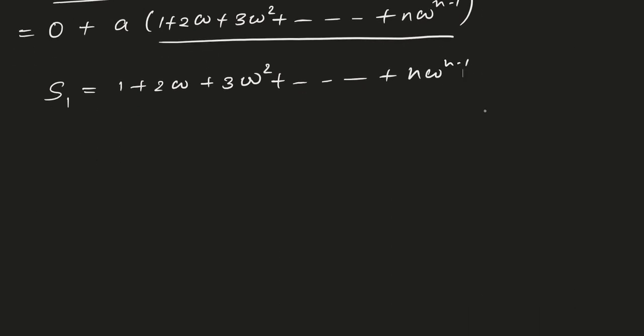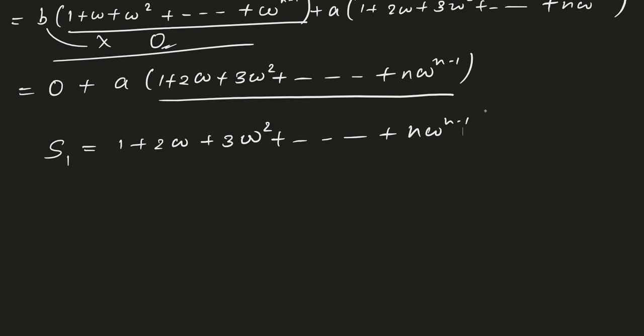The way to solve an arithmetico-geometric progression is to multiply both sides by the variable, which here is omega. So now we'll get another equation.